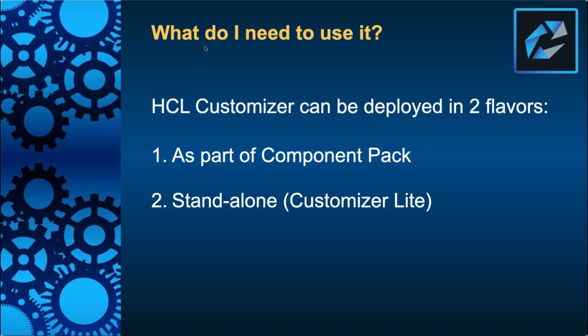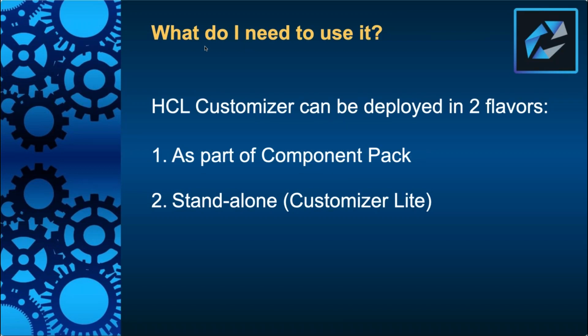Both capabilities that I'll talk about here offer the exact same capability. First of all, if you're using Connections and the Component Pack is part of the picture, the Customizer is already in there, right? So this will hopefully be the default way to get it. So if you have Connections, you install the Component Pack, Customizer is already in there.